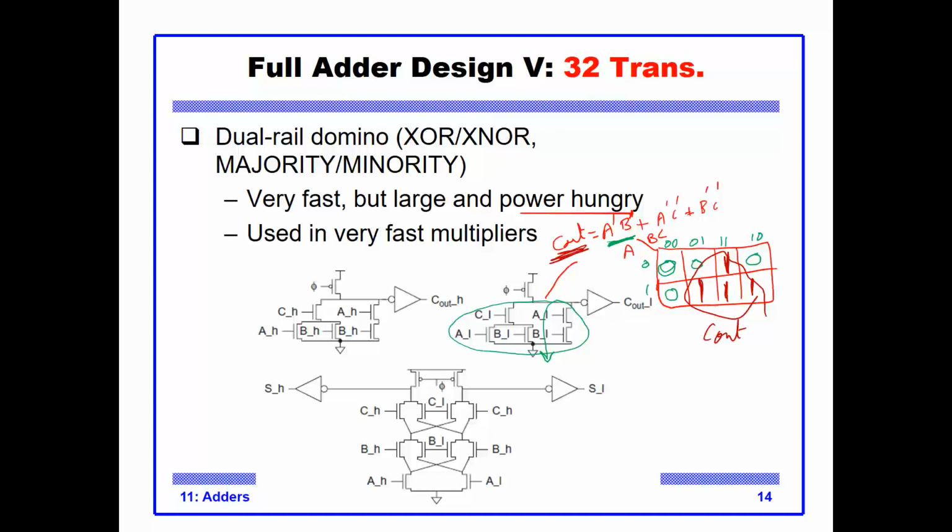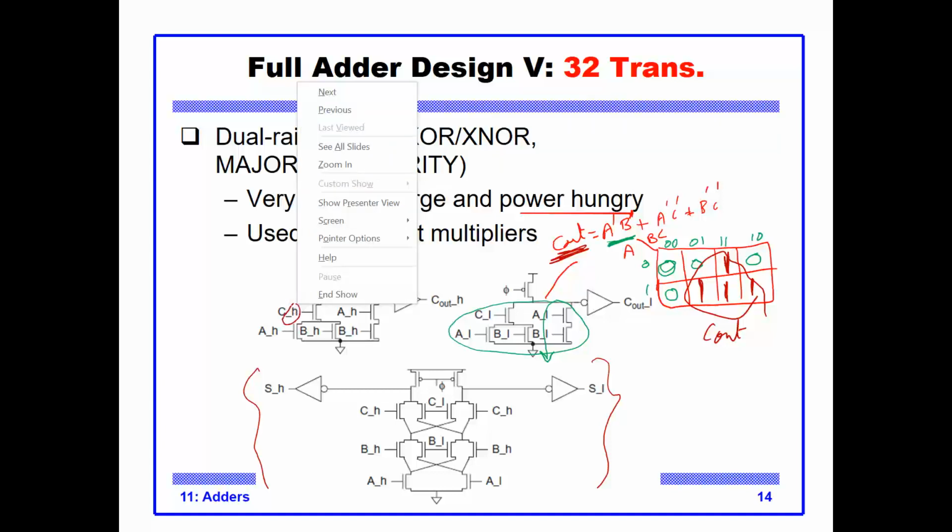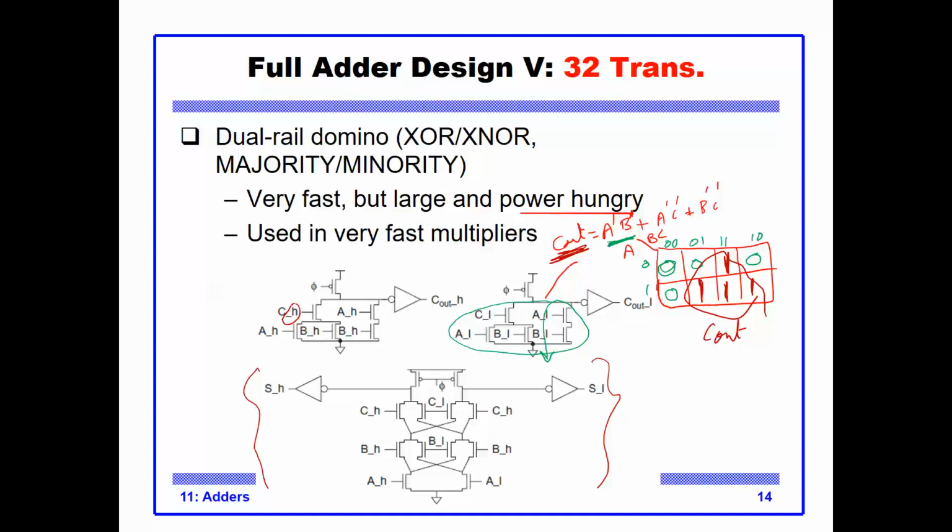All right. You can do the same analysis here with the sum and sum prime. We said here this is sum. Notice one notation he's using: the active high signal, non-inverting, is with the H, and the inverted signal he used underscore L. So underscore H, underscore L. Very confusing notation, but anyway.